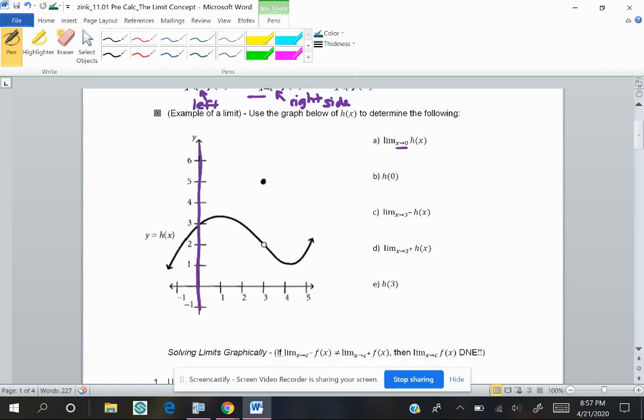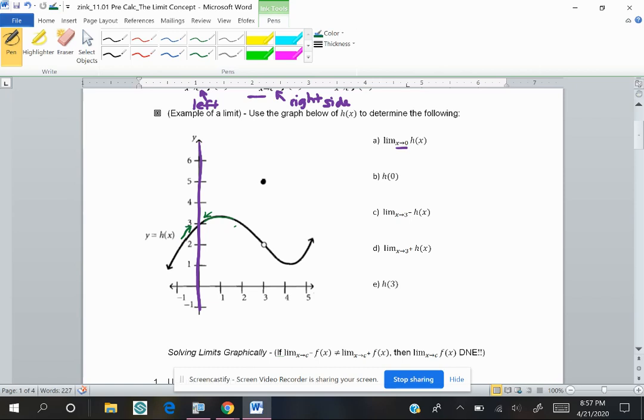You're just going to hop on the graph and ride it along. You're coming up and you ask, what y value am I approaching as I get to the purple line from the left side? Well, I'm getting to 3. Now let's hop on the graph close to this purple line from the right side.